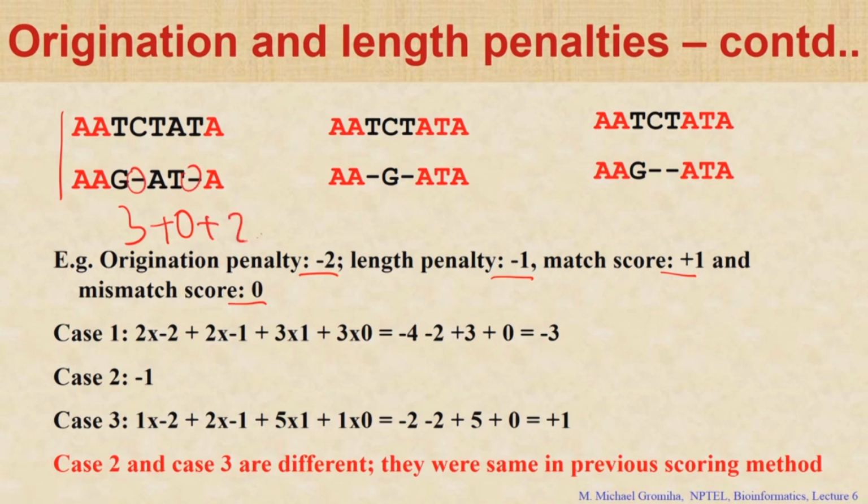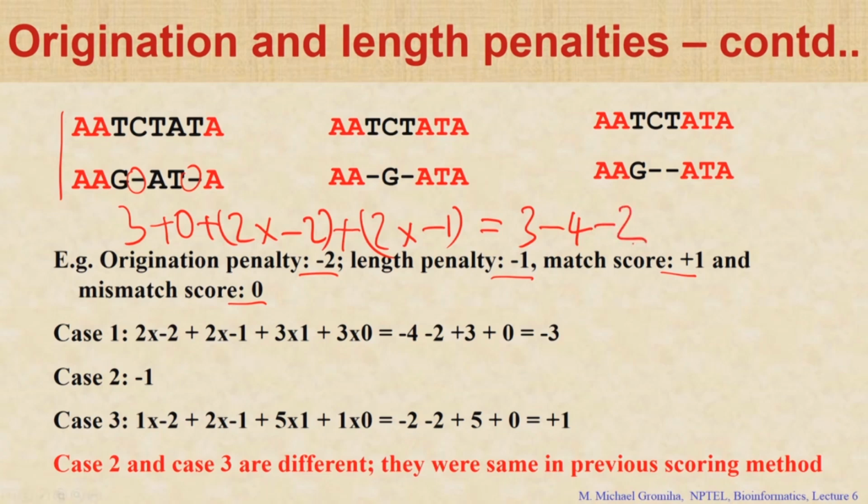So, plus 2 into minus 2, and plus how many length penalties? 2 times multiplied by minus 1. So, this will be 3 minus 4 minus 2, right, minus 2. So, minus 6, 3 minus 6, that is equal to minus 3, all right, fine.